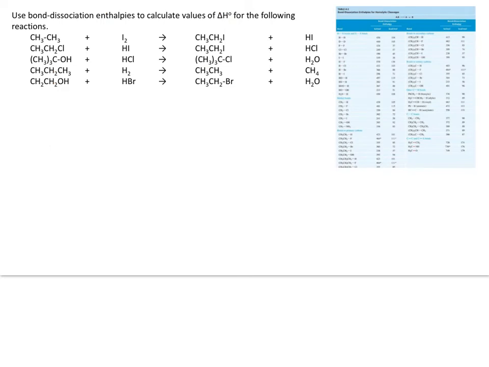Okay, bond dissociation enthalpies. Calculate the delta H for the following reactions. Now, when you do these, you got to keep track of the bonds being broken and the bonds that are formed.